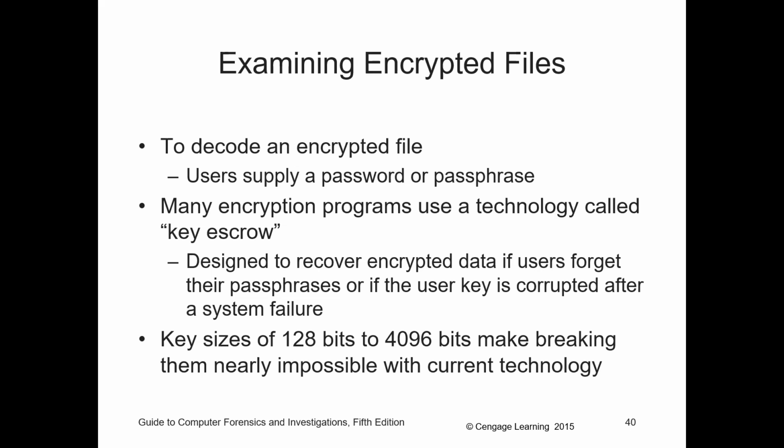Escrow is designed to recover encrypted data if users forgot their passphrases, or if the user key is corrupted after the system fails. It's when escrow comes in handy to help us decrypt or pick up on any of these phrases that have been hidden and deleted.